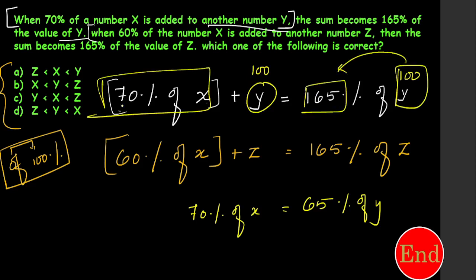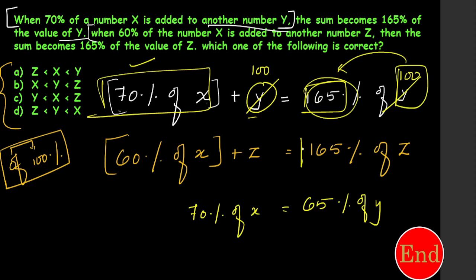That is this value, so I leave this y. So I just compare: 70% of x is equal to 65% of y. Did you listen to this, guys? Look at this, 165% means 100%, 100 is y, then the extra 65 will be this part. So 70% of x is nothing but 65% of y.